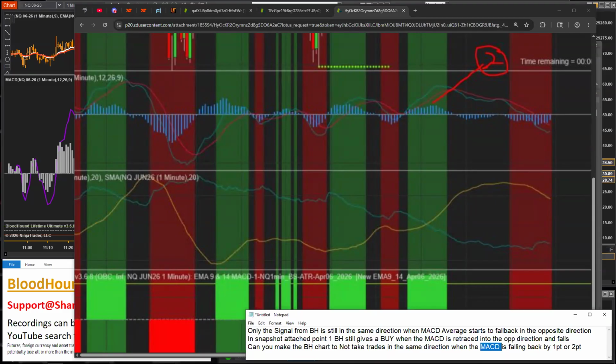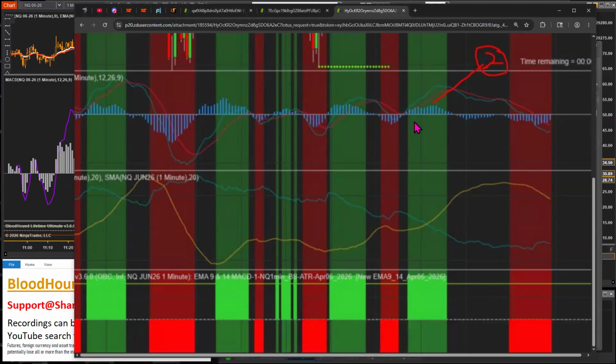This says MACD, but I see you're pointing at the histogram again. So again, be clear, you got to name things correctly. If it's not the MACD line, then make sure you say the MACD histogram, because the MACD line's up here, not there.